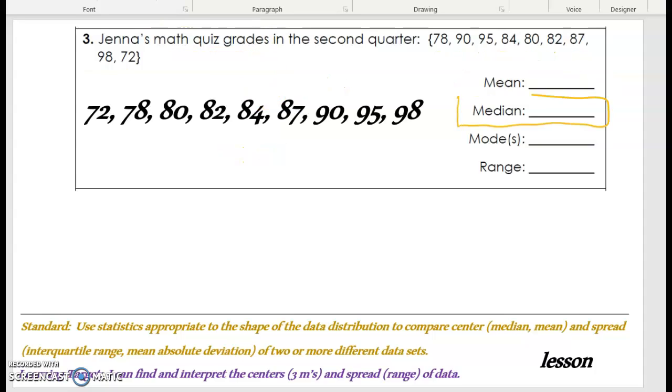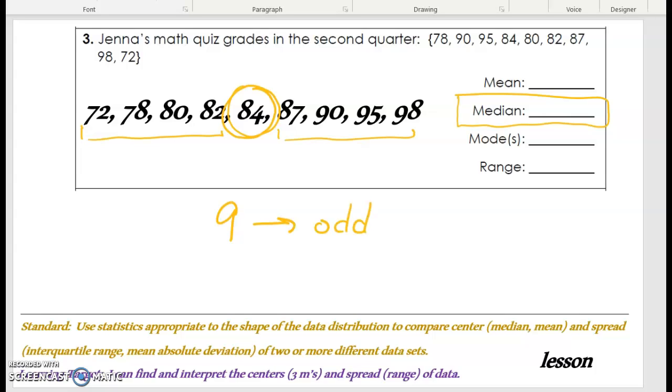I went ahead and put those numbers in order to save time because we've already seen an example. So just to make sure, right? 72, 1, 2, 3, 4, 5, 6, 7, 8, 9 numbers, right? 9 numbers means there are 4 on the left, 4 on the right, and exactly 1 in the middle. So since there's 9 numbers, that's an odd number.